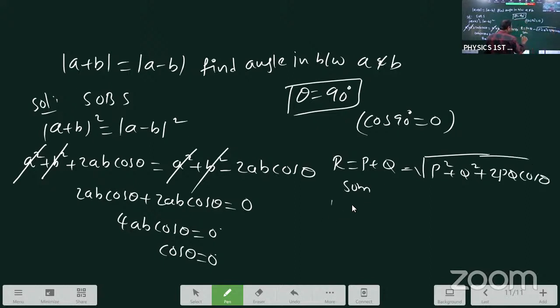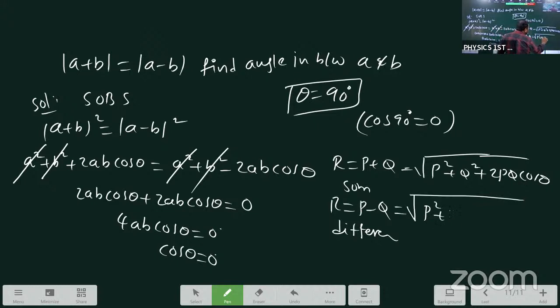One more is there, the difference: P square plus Q square minus 2PQ cos theta. One is the sum, one is the difference.